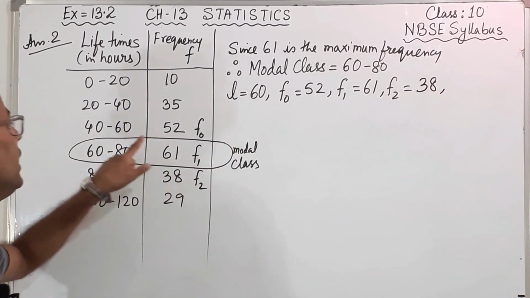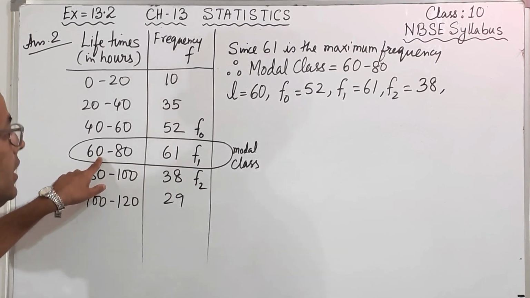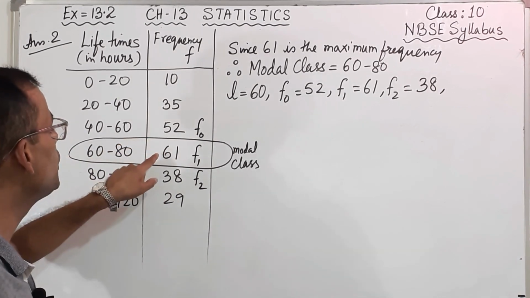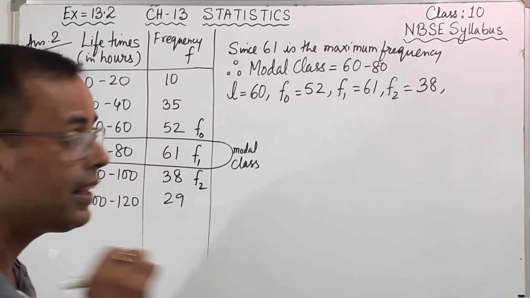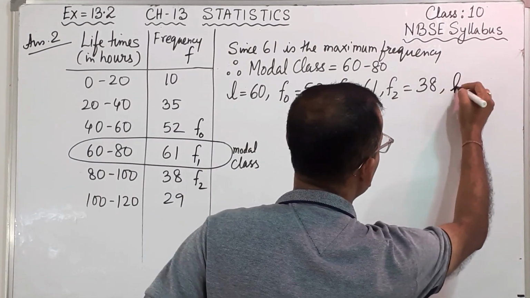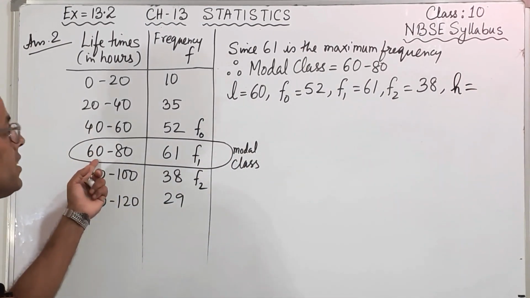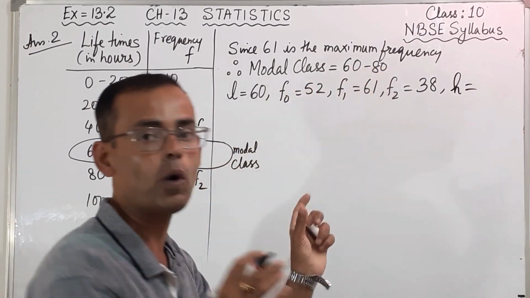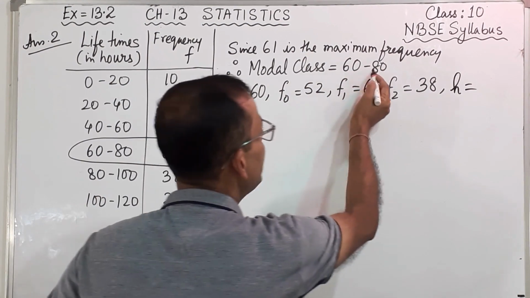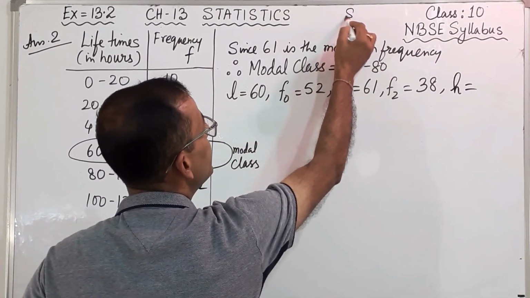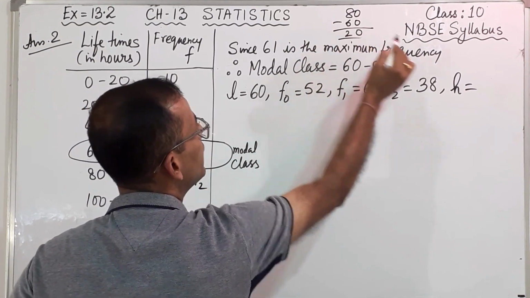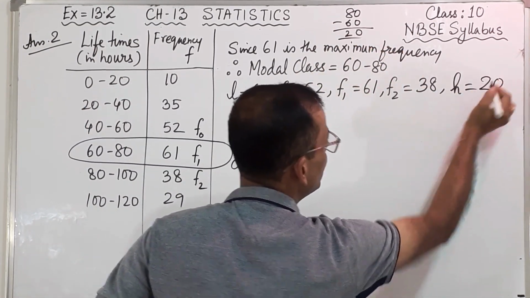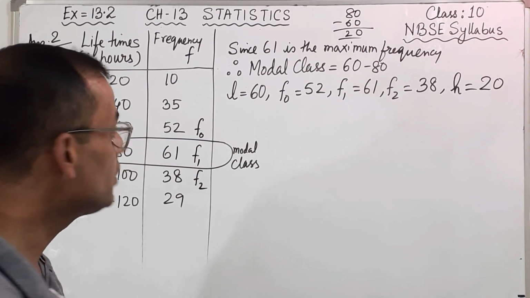See nicely, this is 60, L. Then F0 is 52, F1 is 61, F2 is 38. Now one more thing is left, that is H. H is the class width: 60 to 80. What is the difference? 80 minus 60, big minus small, you will get the difference, that is H. So you got all the values.